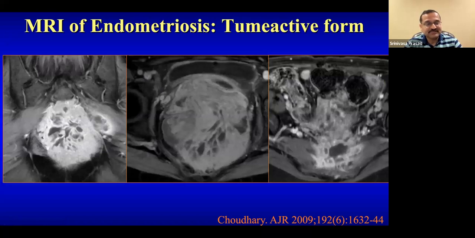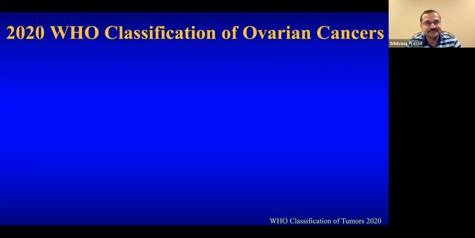So some of these masses can look like nasty malignancies, but you will come to know the histopathology after surgical resection, and these are all cases of so-called tumefactive endometriosis that looks almost like any other garden variety cancer or sarcoma of the pelvis.